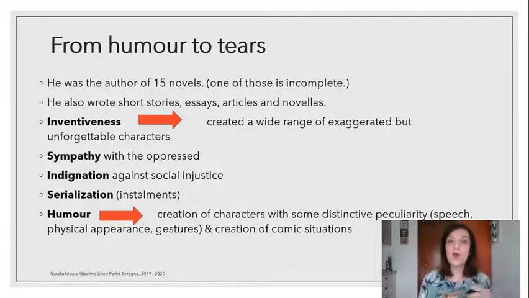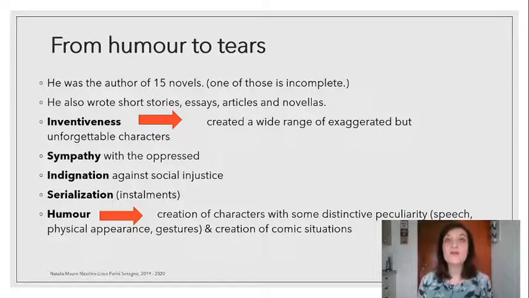If you go back to what we have already said, you will remember the importance of the installments, of these periodical publications, which were very fundamental for the expansion, for the enlargement of the reading public during Victorian Britain. And the fact of publishing all or almost all of his novels in installments, so the serialization, was a fundamental characteristic. We will see why. Because it influenced, it shaped his style, what he wrote and how he wrote.